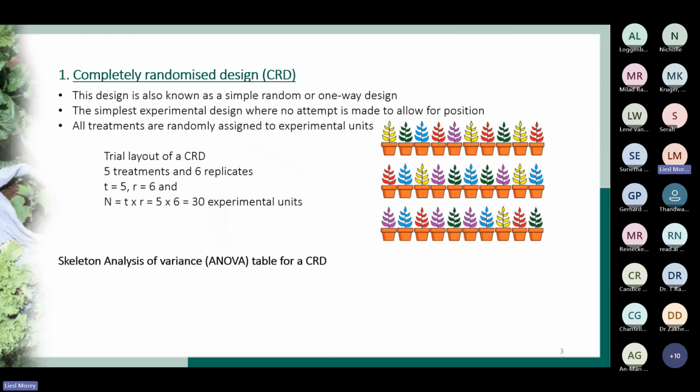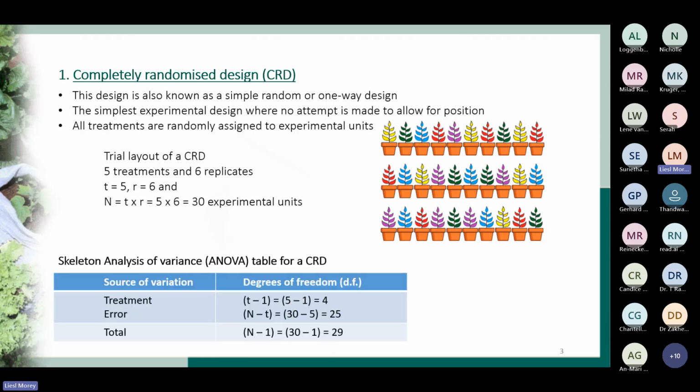You need to know how to calculate those degrees of freedom for error that I mentioned previously to see if your trial is large enough. This is just a skeleton analysis of variance. I don't have all the columns in, for simplicity. For treatments, degrees of freedom is always your number of treatments minus 1.